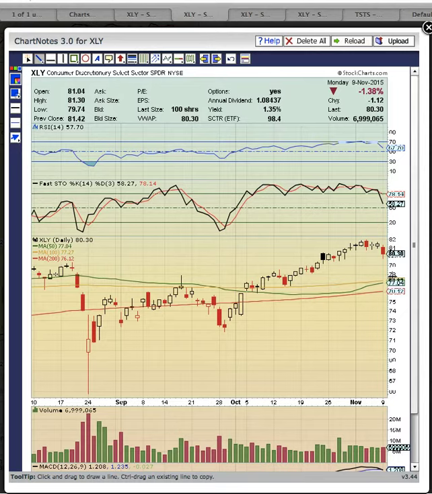So what's on deck is the 100-day moving average at 77.27. If there is a pullback, that would be the key level to hold. You definitely want candles to stay above these three big moving averages in order for this chart to remain bullish.